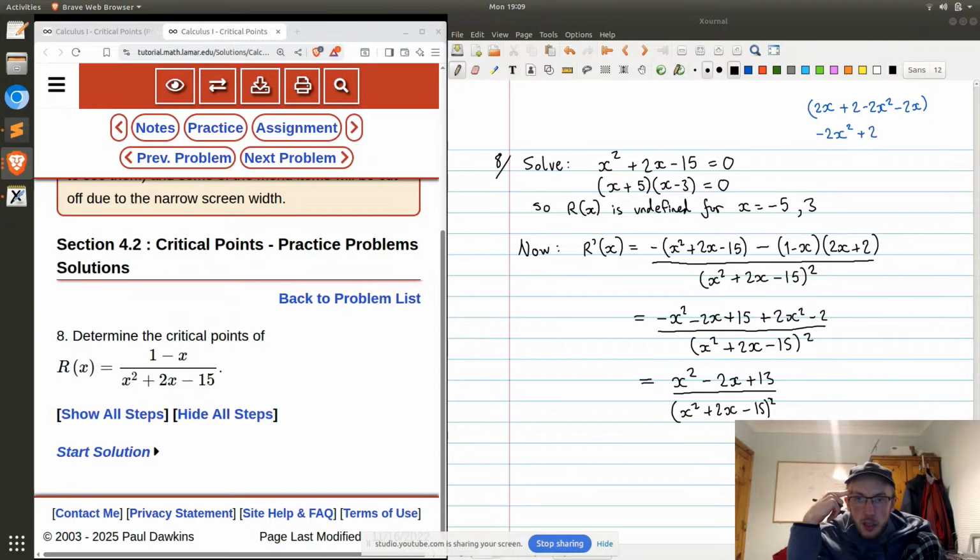And the important thing for me to do now is to find out when that's equal to 0 and when it doesn't exist. Now, it doesn't exist for -5 and 3, which is exactly the same as for when r of x doesn't exist, and so we can actually abandon those. And when is it equal to 0? Well, it's equal to 0 when the numerator is equal to 0. So solve.